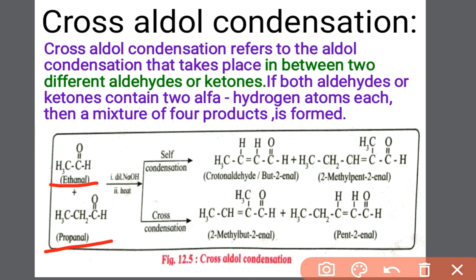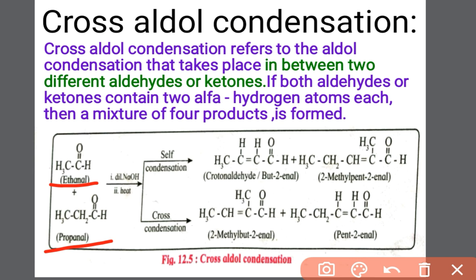Similarly, propanol will react with propanol and give a second type of self condensation product. Next, ethanol may react with propanol and give a third type, a cross condensation product. Why cross? Because here two different types of aldehydes react.